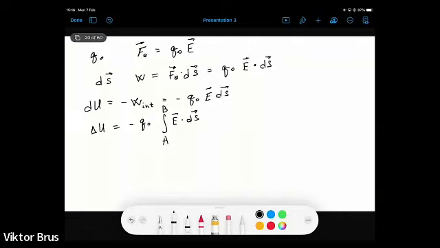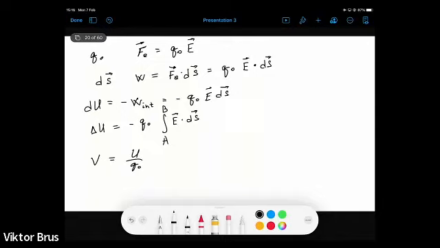If we divide change of potential energy by the test electric charge, we will get the potential. So V is equal to U, which is potential energy, divided by Q naught.